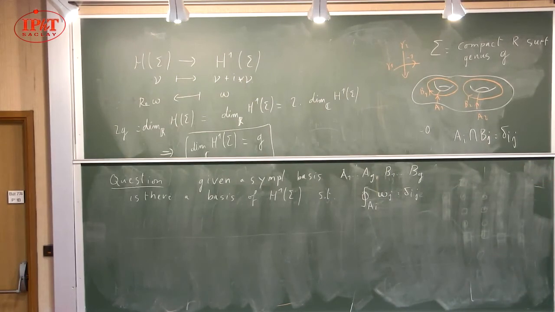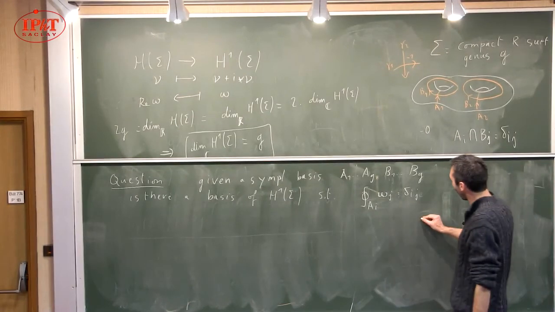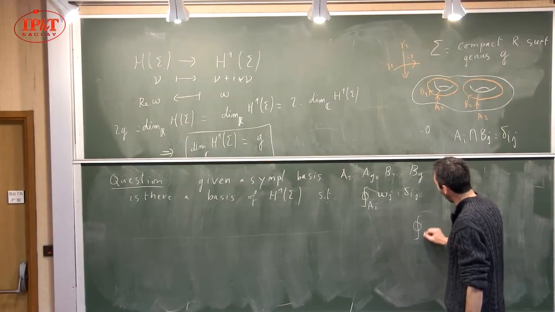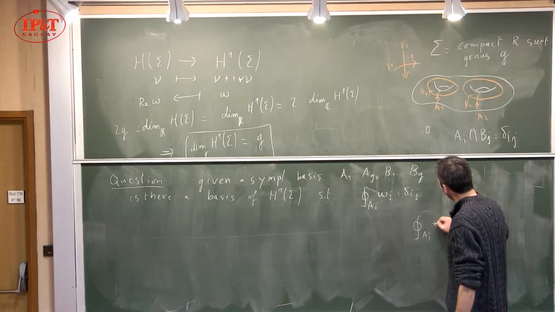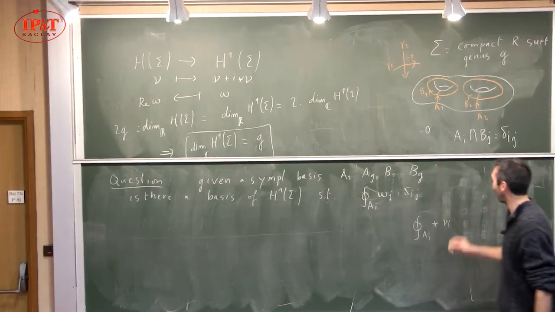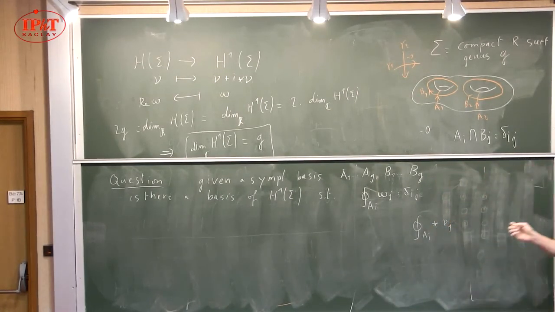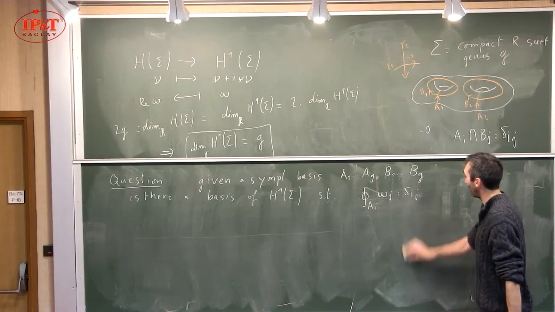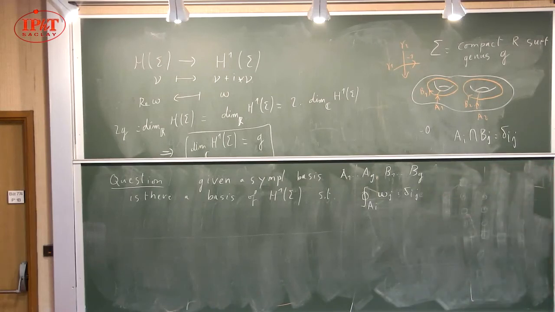But the problem is that we don't control the integrals over a_i of star mu_i, star mu_j. It is something that we don't know. That's why it's hard to see if this result will be true or not.